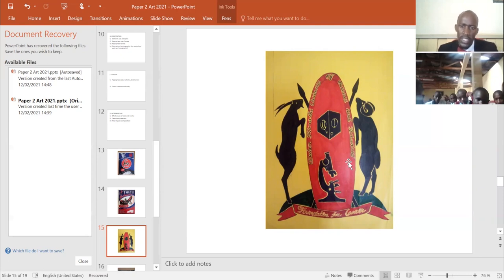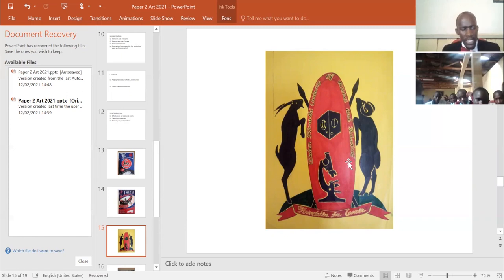We have the name of the institution, Dedan Kimathi University of Science and Technology. Then we have the motto. Then we have the illustrations. With those elements and aspects, we can actually certify that what we have there is a badge.